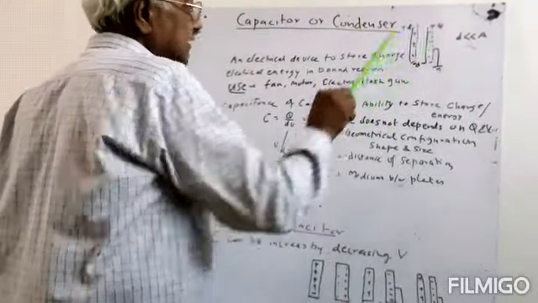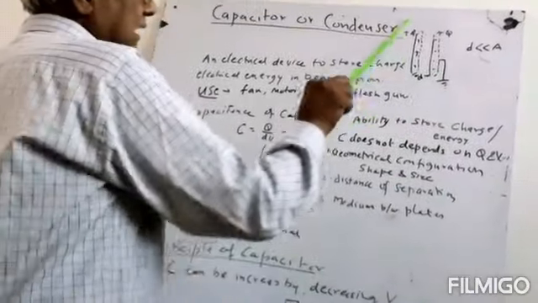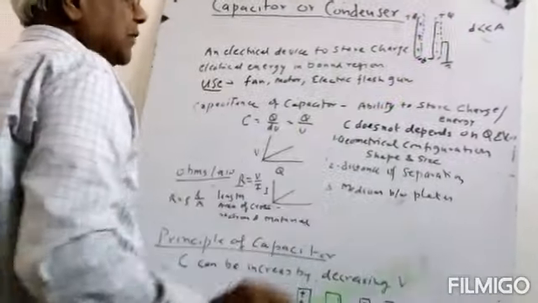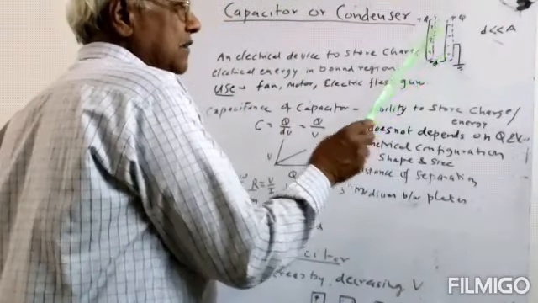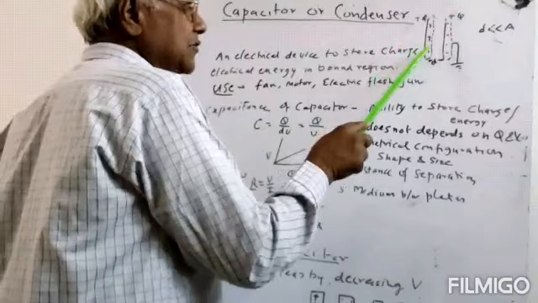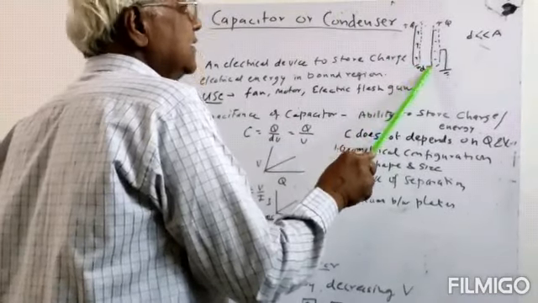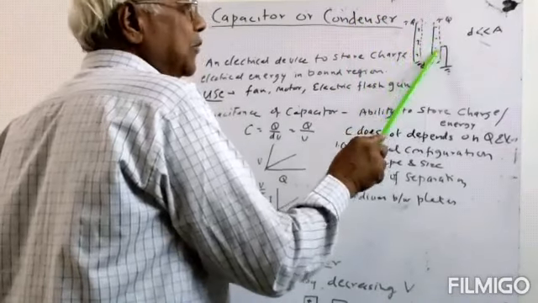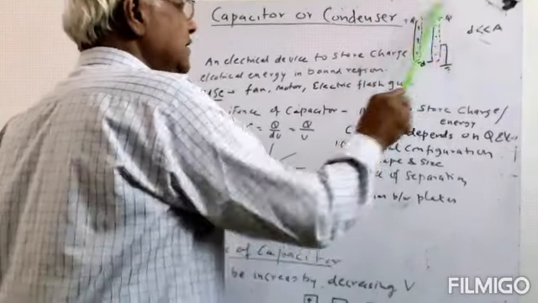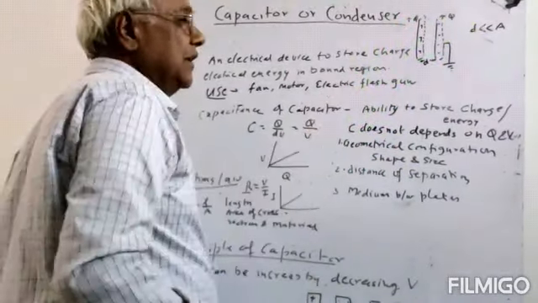Now this is the construction of the condenser or capacitor. It consists of two parallel plates of equal shape and size separated by a small distance. The charge on these two plates is equal and opposite, and this is the construction of a capacitor.